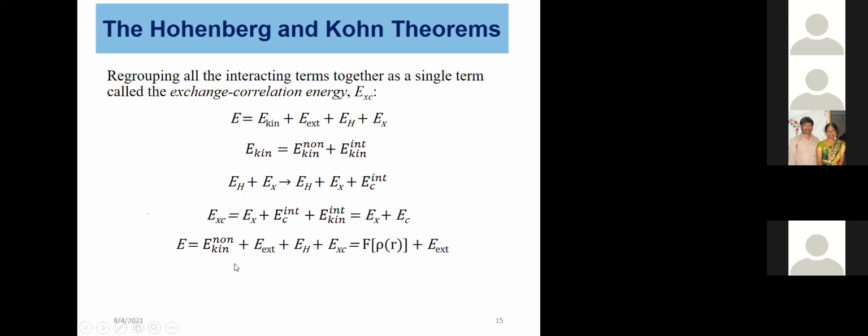Hello, sir, if you don't mind, I have a doubt. Shall I ask now? Yeah, sure. This external energy, why is this nucleus-electron interaction energy called external energy, sir? It should be internal only, no? No, it is not called external because it is inside or outside the system. It is called external energy from the point of view that it is not a part of the interaction energy of electrons or the correlation effect or the quantum effect.